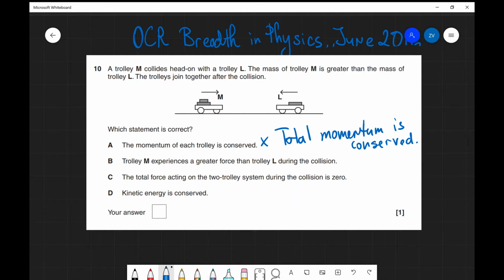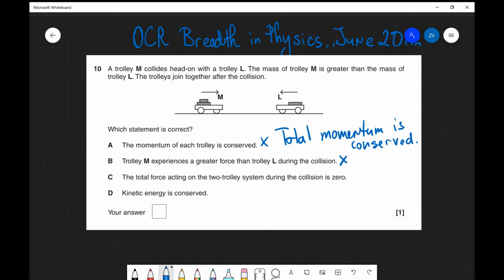B, trolley M experiences a greater force than trolley L during the collision. That's also not correct. The reason for that is because of Newton's third law. So each body is going to experience an equal force acting on it, and the two forces are going to be in opposite directions. C, the total force acting on the two trolley system during the collision is 0.